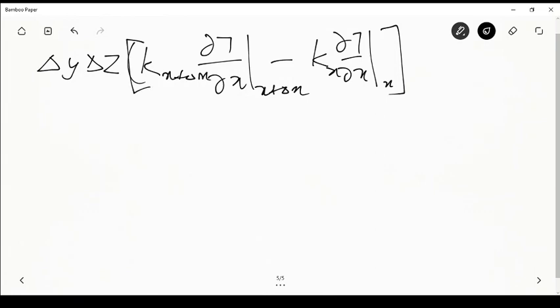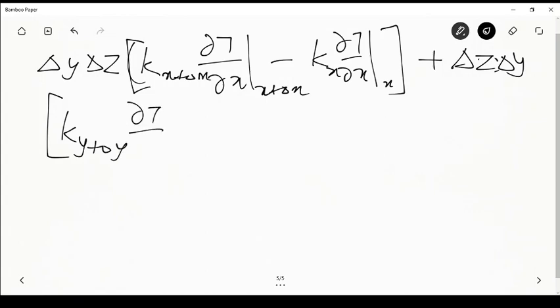Similarly, you will have the second term, which is delta z delta y multiplied by Ky plus delta y multiplied by del T by del y at y plus delta y minus Ky del T by del y at y.